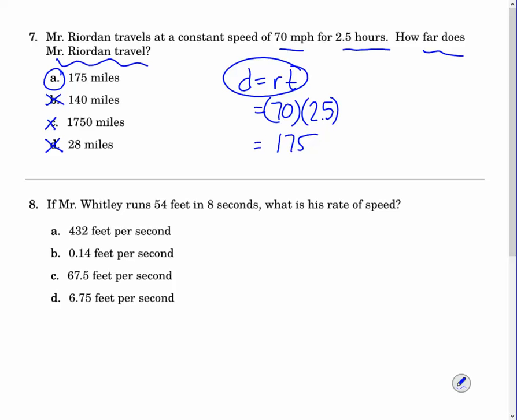Okay, the next question, number 8, says, if Mr. Whitley runs 54 feet in 8 seconds, what is his rate of speed? Well, we learned to find rate, you want to find something per something else. So in this case, we want to find out how many feet per second. We can use the rate for speed formula, which is distance over time. So we're going to figure out 54 feet divided by 8 seconds.